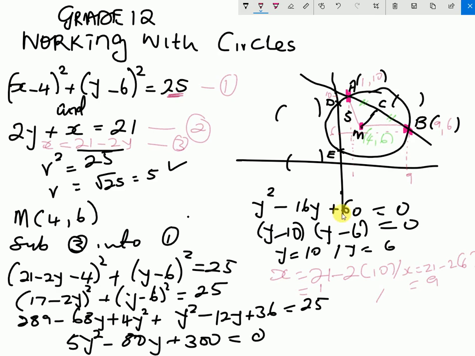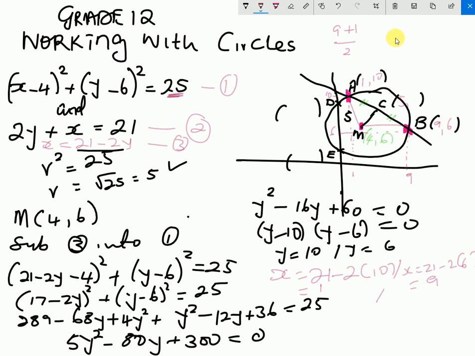is it possible for us to find the C if we have A and B? Yes, definitely. Do you remember how to find the C? It is the midpoint of this. In order to find the x, I need this space here. 9 plus 1 divided by 2. 9 plus 1 is 10, divided by 2 is 5 here.